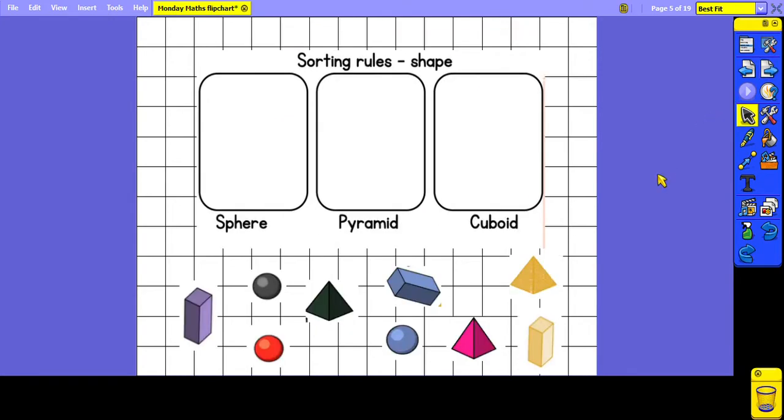And here we are once again sorting by the type of shape that we have got, but we have got some different shapes. And we are deciding if they are spheres, pyramids, or cuboids. So remember, a sphere has one curved face and it looks like a football. So we can spot those ones straight away.